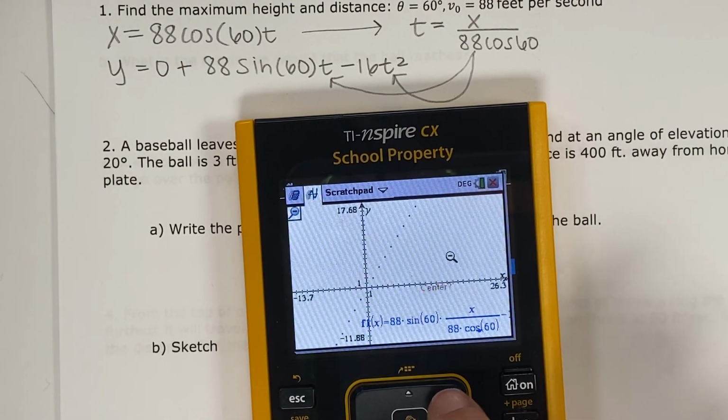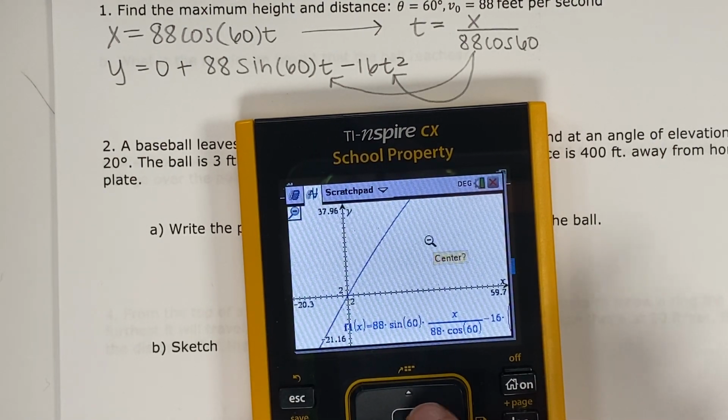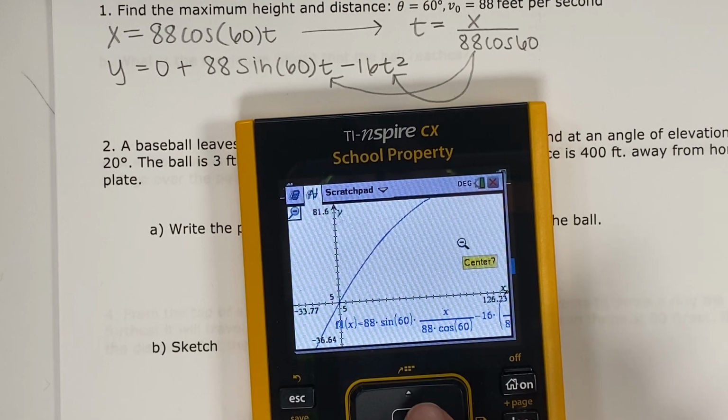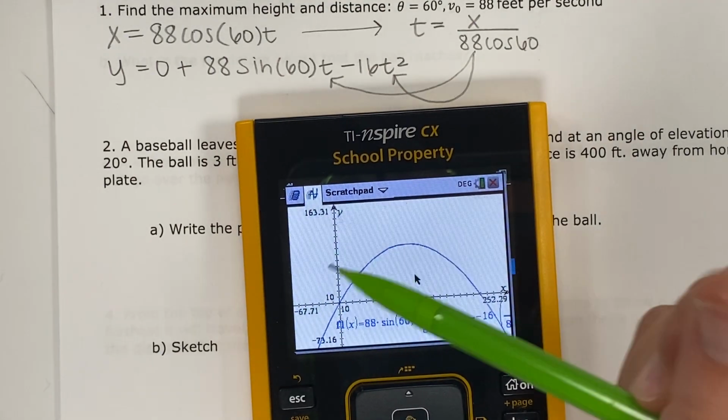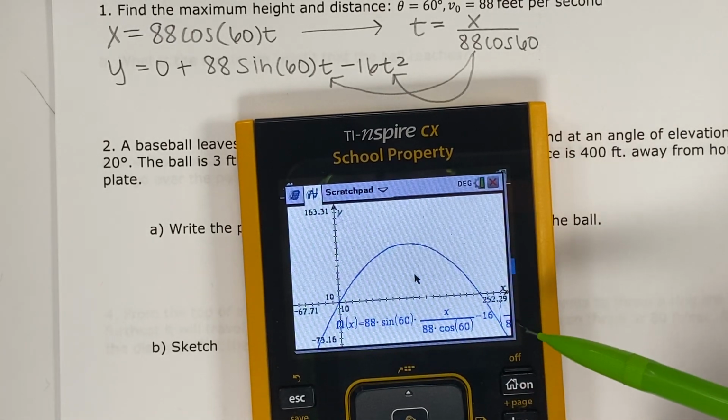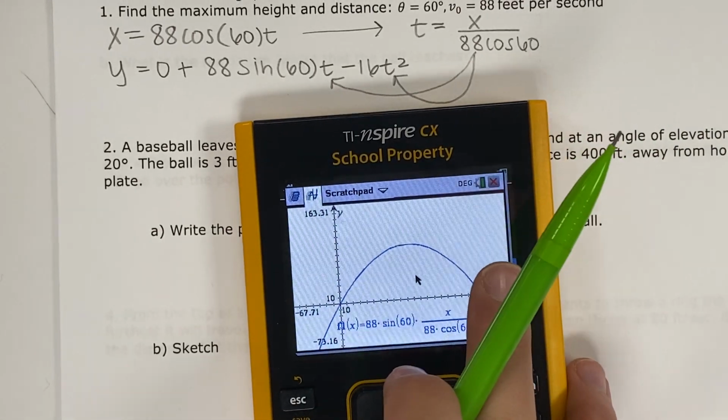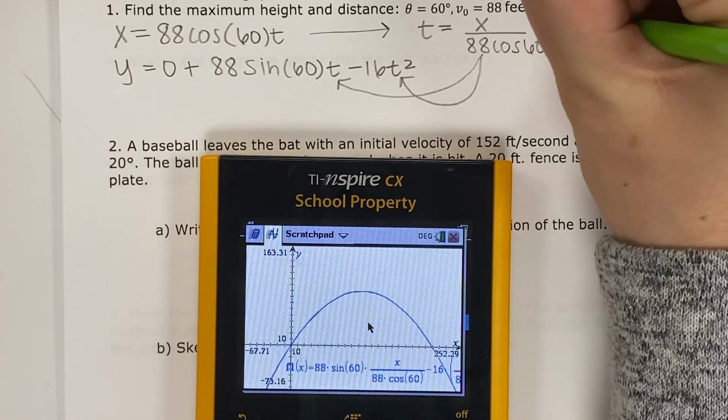I'm gonna zoom out until I see this whole parabola. Okay, and there she is. So something was hit off the ground and then landed on the ground. I need to find the maximum height and max distance.